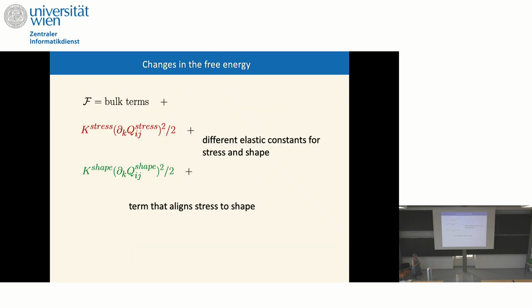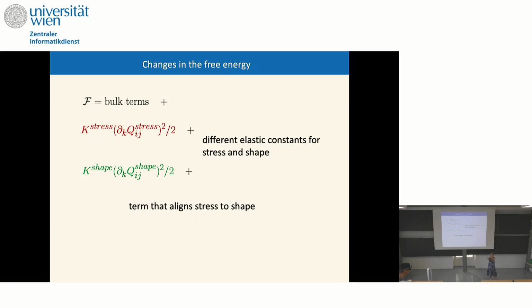And then somehow we have to make the stress and shape respond in a different way to the flow. There are lots of ways of doing that. The way I did it in these simulations is to make the elastic constants a bit different for the stress and the shape. And then also these things seem to align with each other again. So if you get them misaligned, gradually they will align. That comes out experimentally.